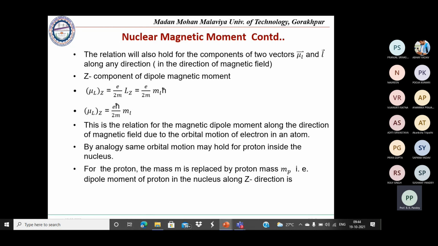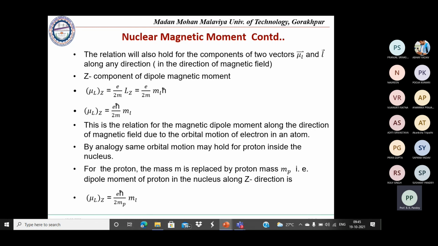For the proton, the mass m is replaced by the mass of the proton, that is mp, and the dipole moment of the proton in the nucleus along z direction can be given exactly in the similar manner which we did in the earlier case, especially in case of electron.